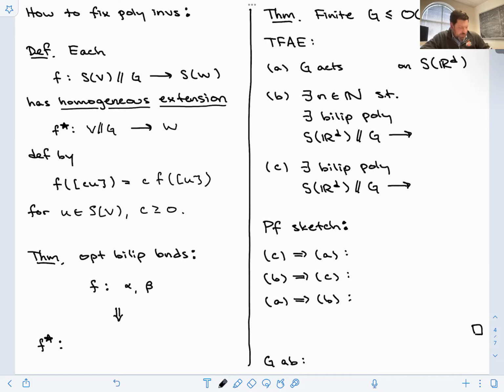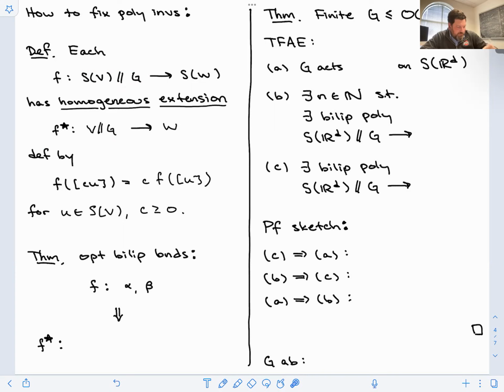Okay, so this determines a function that's defined over the entire space. Notably, I'm starting with a map that's defined on the sphere, and I told you before that the origin was a problem point. Somehow this is avoiding that problem point.